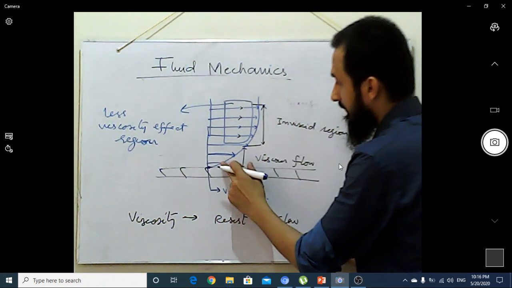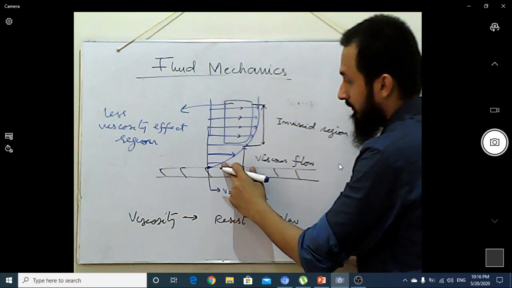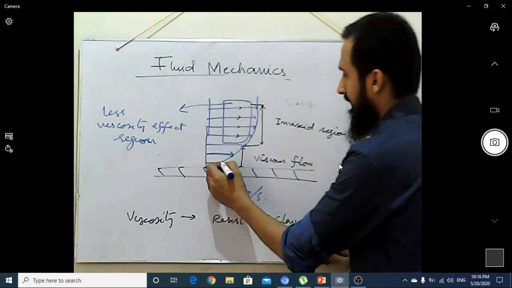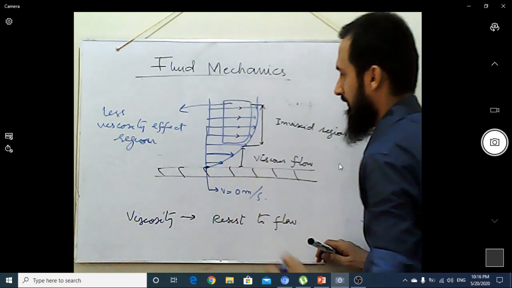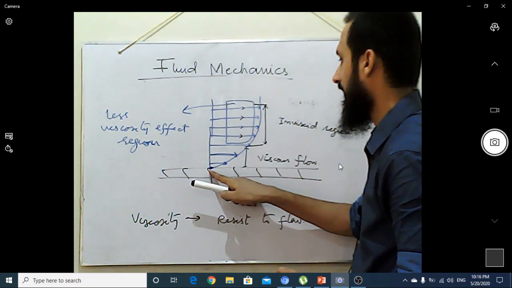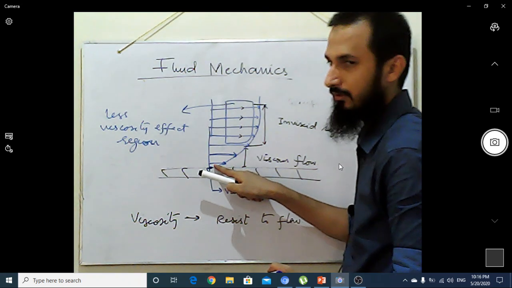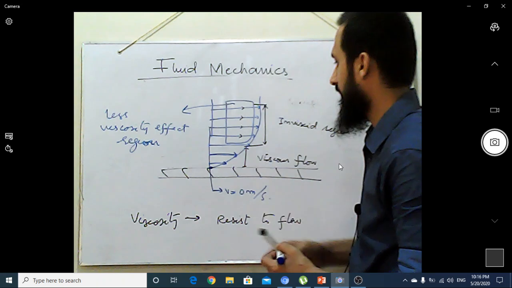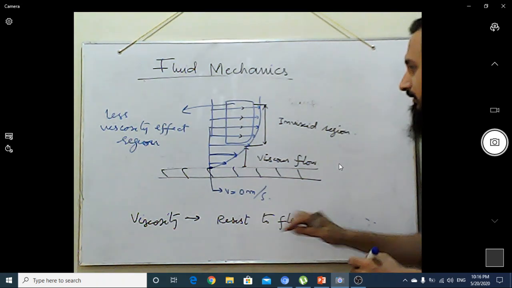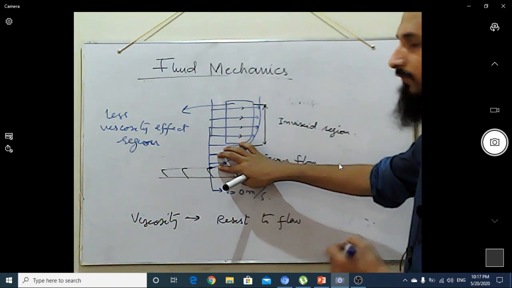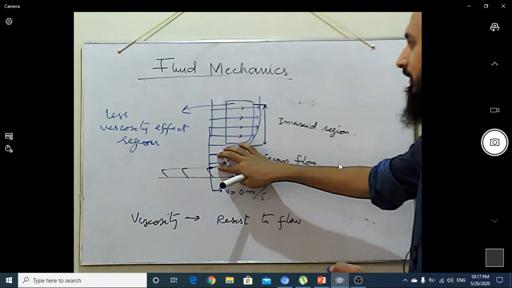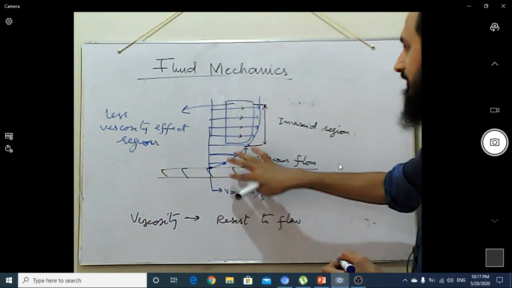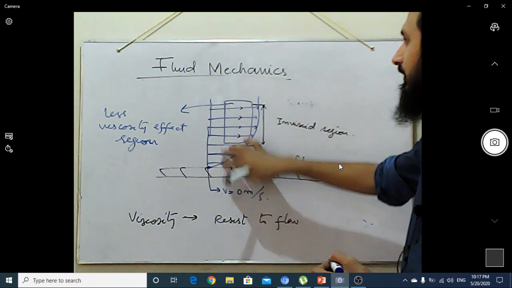Similarly, this layer also resists this layer from moving faster, and the boundary layer again resists the upper layer from moving with a higher velocity. So again, we can see the resistance offered by the liquid to flow, expressed by the phenomenon of viscosity, is much more effective in this region as compared to this region.